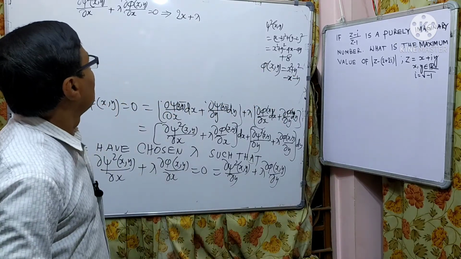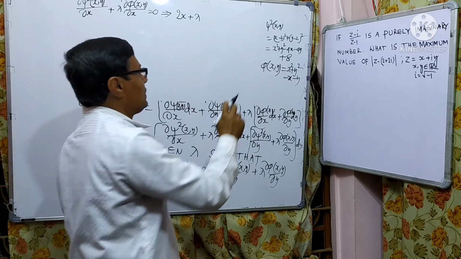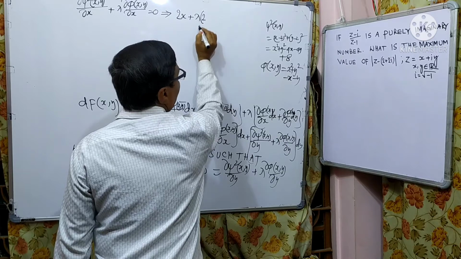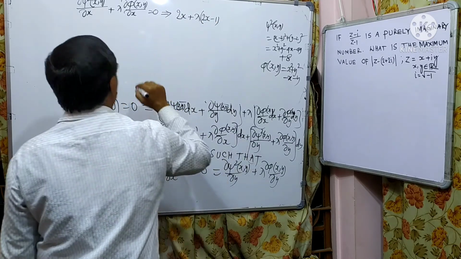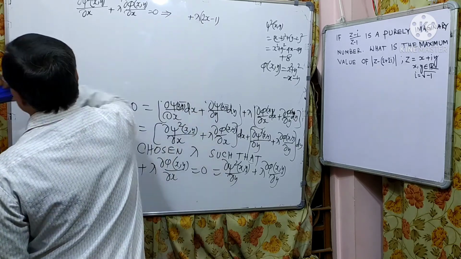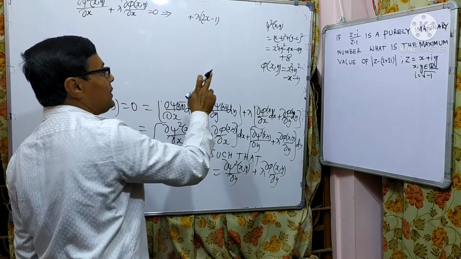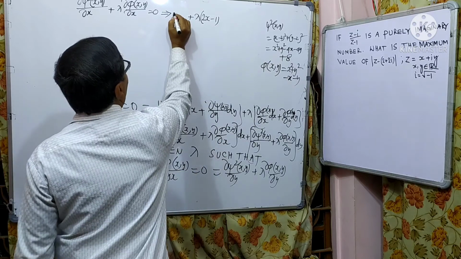Its partial derivative with respect to x is 2x minus 1.